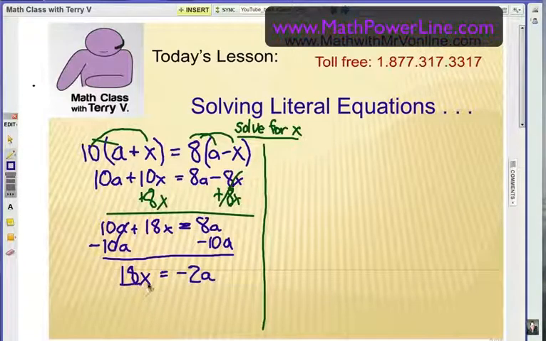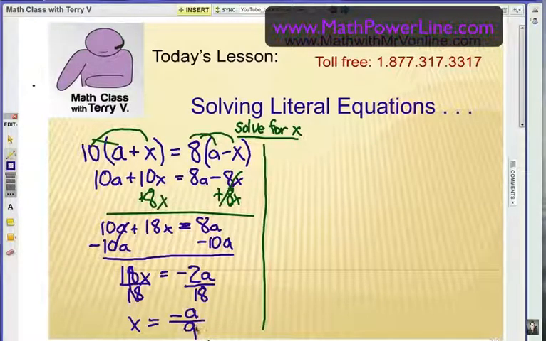Last step, of course, we want to isolate x, so we're going to divide by 18, and that will give us our answer in terms of x. So x is the subject now, and it is going to be, let's cancel the 2's, so it would be negative a, or negative 1a over 9. All right, so if I knew what a was, I could just plug it in and get x really quickly instead of having to do the original equation. Let's look at another example.